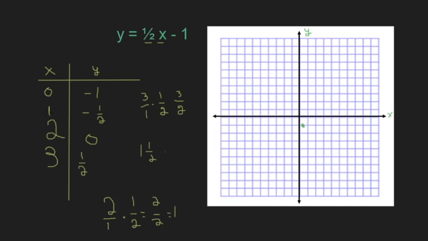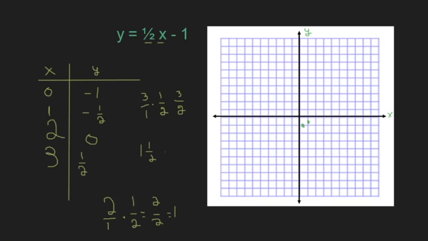We're told that if x is 1, y is negative 1/2. So we move 1 in the x direction, and y will be negative 1/2, right about here. We'll keep doing this until we connect the dots.